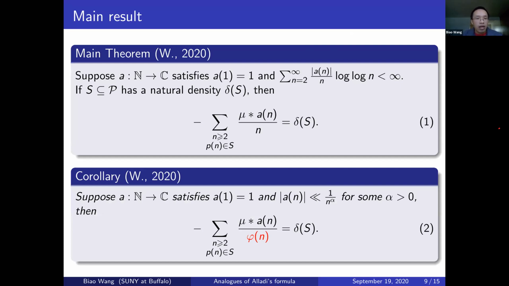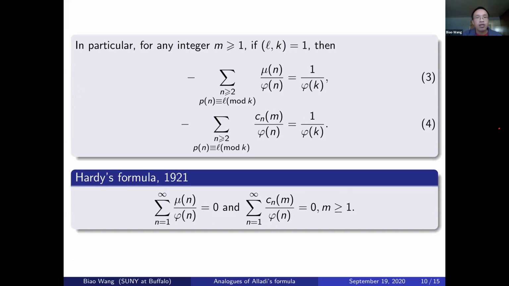And then an interesting corollary is that under a slightly weaker condition, we can replace the denominator n by phi of n, where phi is the Euler function. So in particular, we can get the following two formulas.